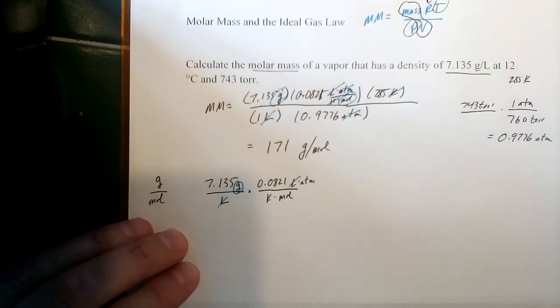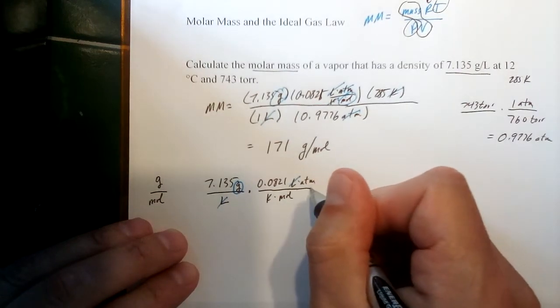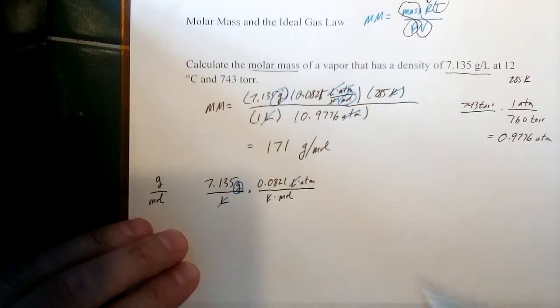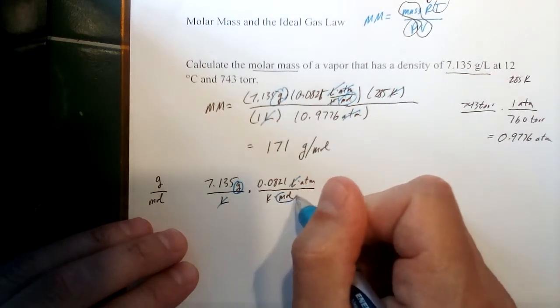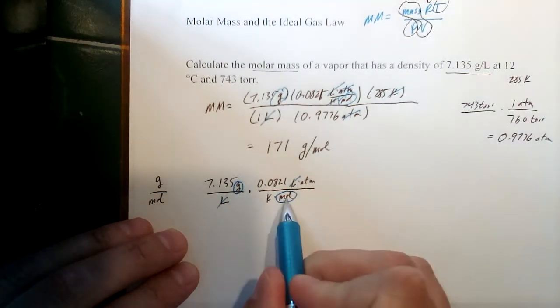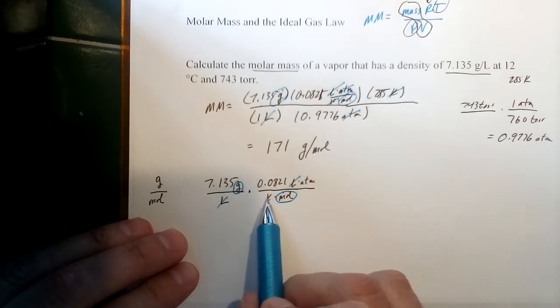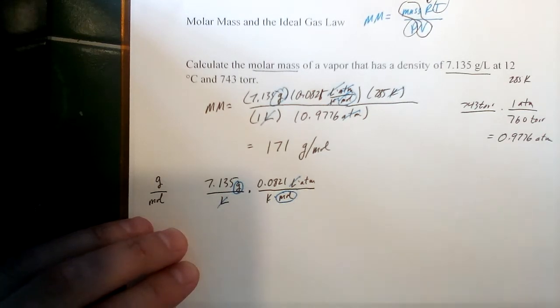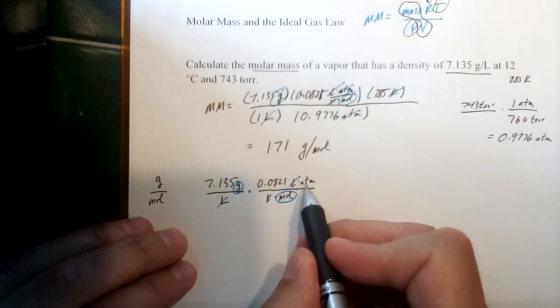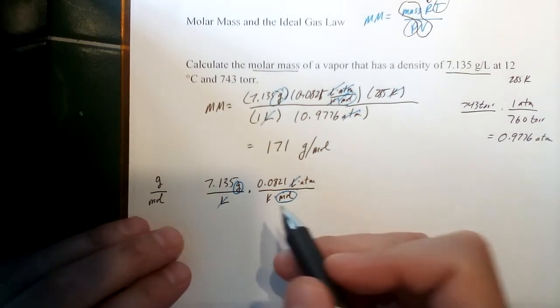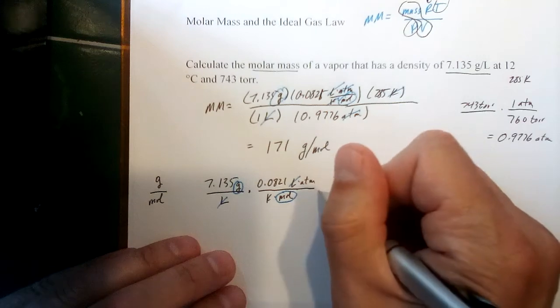Now, I've also introduced a lot of other things. I've introduced moles on the bottom, which is good because I want grams over moles. But I have extraneous units now, Kelvins and atmospheres. So it's not the molar mass if it's atmospheres per K along with grams per mole.